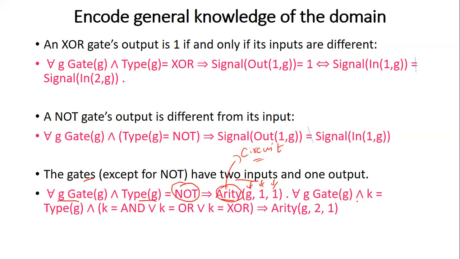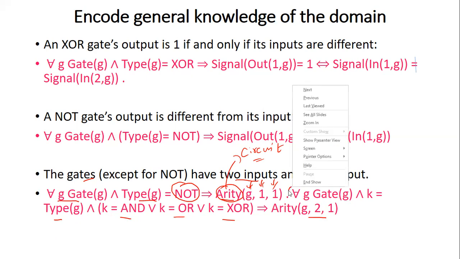This is only for the case of the NOT gate. For all G, gate of G, and K equal to type of G, and K equal to AND, or K equal to OR, or K equal to XOR, implies arity G comma 2 comma 1, right? Only if it is a NOT gate will that gate have 1 input and 1 output.